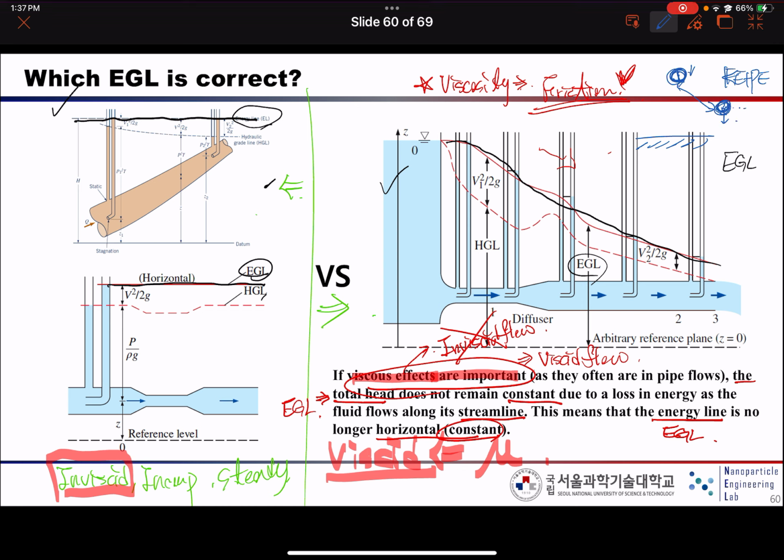This is the free fall situation. But if there is a loss from friction because of the wind or the air, then this energy is not conserved, it will not be constant because of the friction. This is the same concept. If the friction, which means the viscosity effect, is very important, then your energy grade line keeps decreasing.